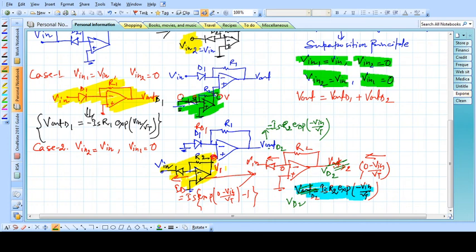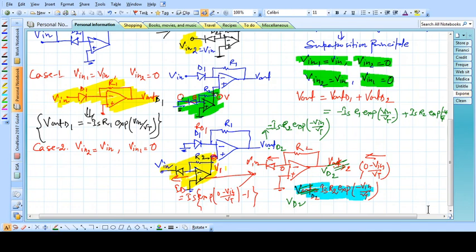Now for the superposition principle, we have to add. V output D1 we have already calculated, minus IS R1 EXP V in by Vt, plus V output D2, finally IS R2 EXP minus V in by Vt.